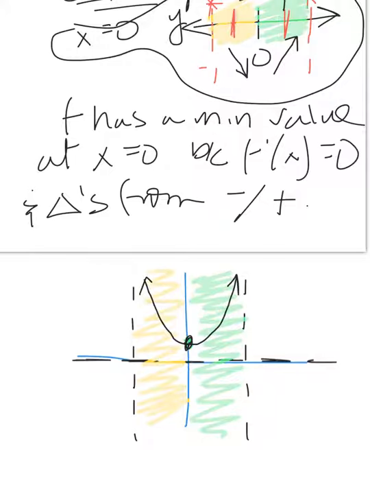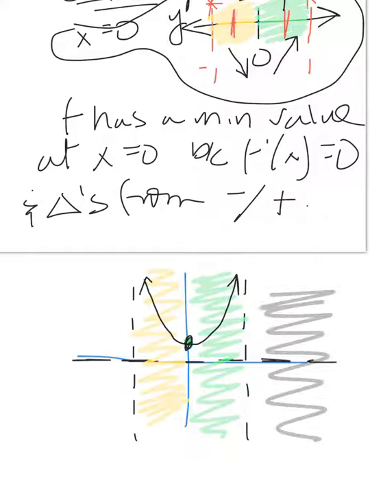And then lastly, if I do test values in this region over here and in this region over here, I'm going to find that my ratio is negative. So no matter what my input, I am going to get a negative value. So I'm going to erase that, and I can't erase the other side, but I am going to draw that in, and that piece is going to look like so.